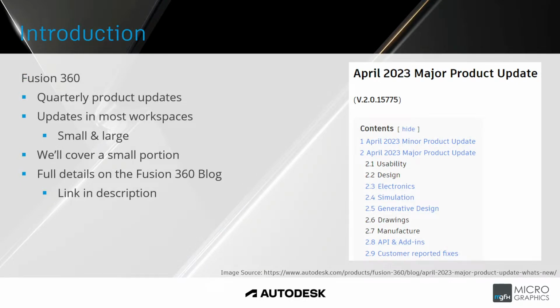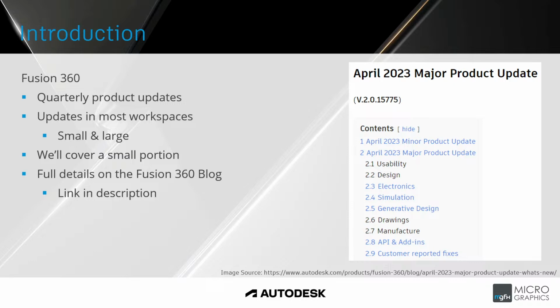For our introduction, the Fusion 360 development team typically rolls out quarterly product updates. You will see that there was a November update, a January update, and now the April update. So we're looking specifically at the April major product update and the different areas in the update.